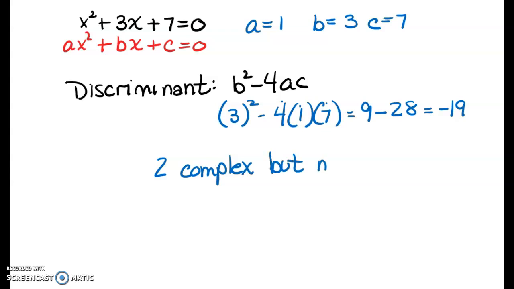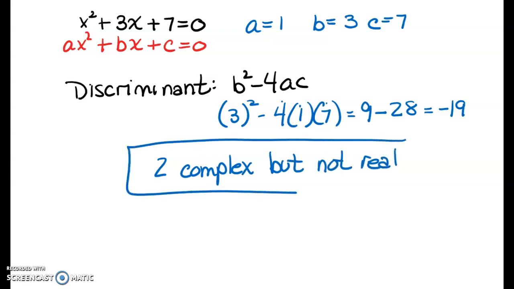but not real. Why do we have to say but not real? I don't know if you guys remember, but when we were talking about our complex numbers, we have pure real and pure imaginary numbers. We want to exclude... we don't get pure imaginary numbers here. Well, sometimes we might. Maybe. I have to think about that. Yeah, maybe we do.